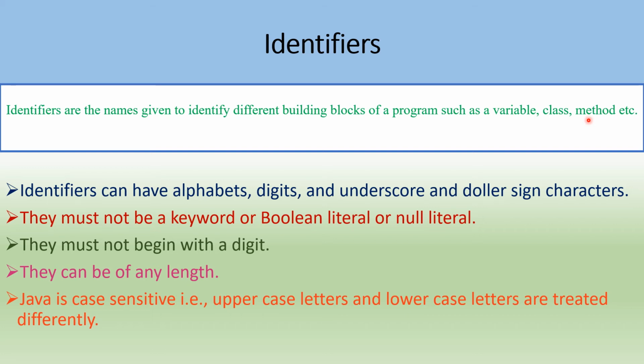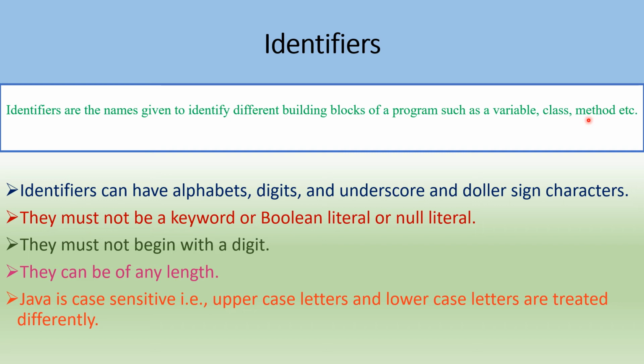As soon as you call it and compile it, the compiler will give you an error that this method is not recognized or not found. Why? Because Java's compiler treats uppercase letters differently and lowercase letters differently. So you have to take care of these uppercase and lowercase letters very well. Hope these rules are clear to you.